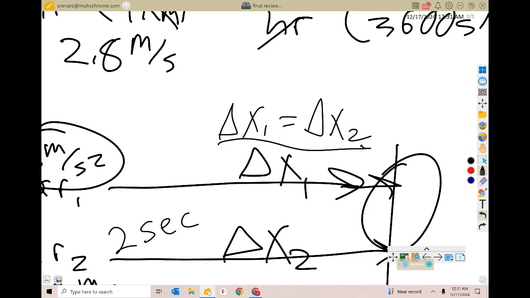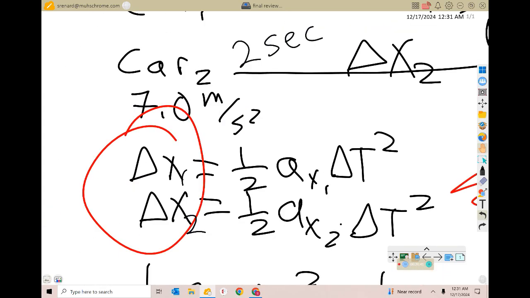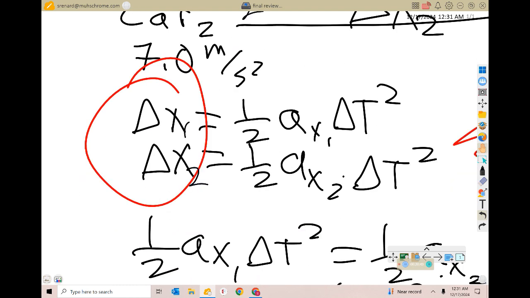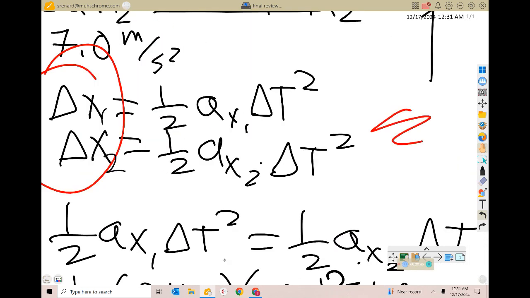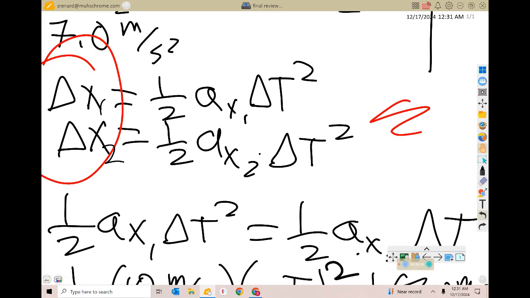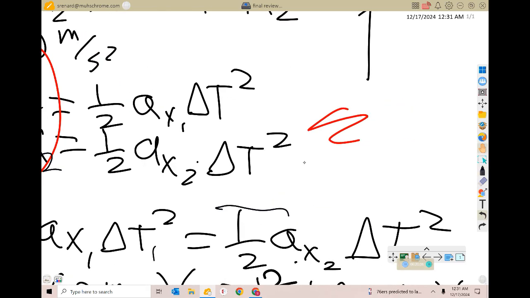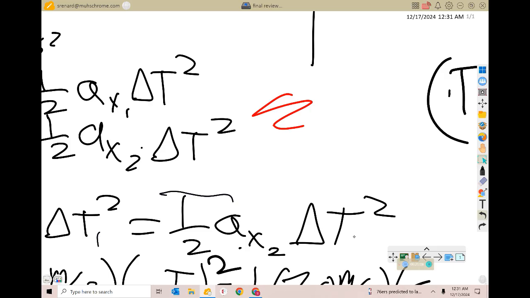Displacement of car 1 equals the displacement of car 2. They have traveled the same distance in the same direction, which means their displacement is the same. So we're going to set these two equations equal to each other. We have 1/2 acceleration of car 1 times the time that car 1 is driving equals 1/2 acceleration of car 2 times the time that car 2 was driving.